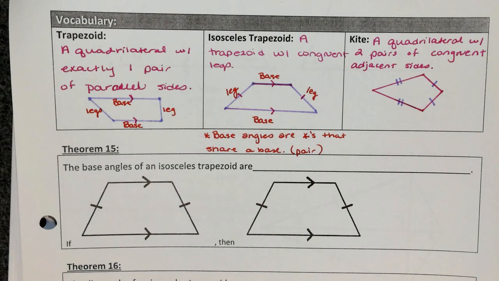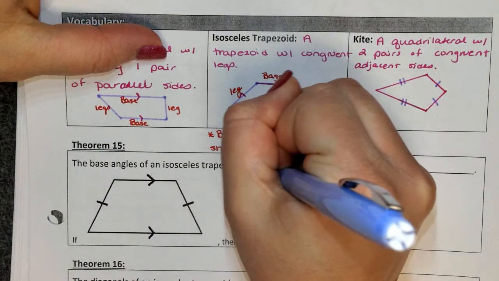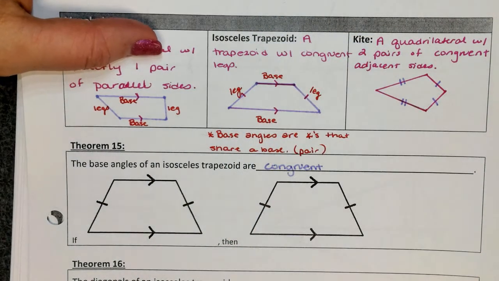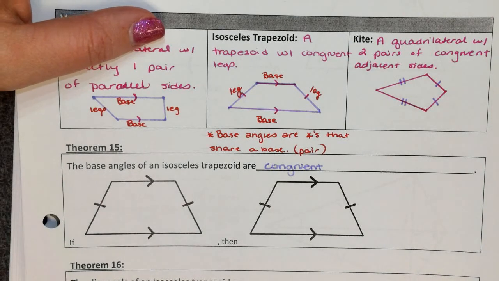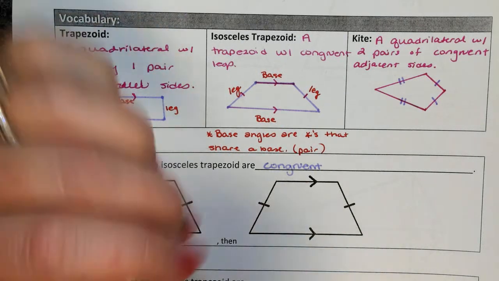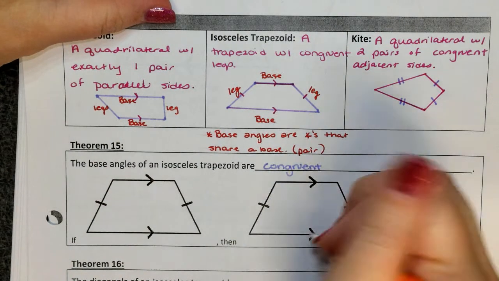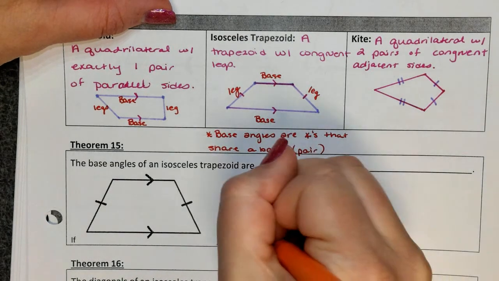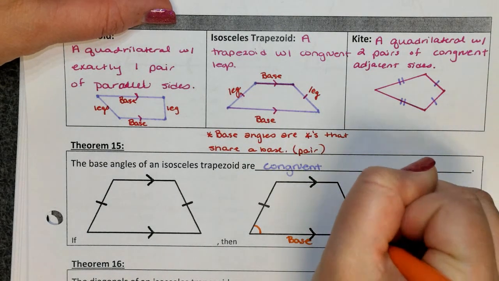All right, so it says the base angles of an isosceles trapezoid are congruent. So that means that in our diagram here, this is a base. This base angle is congruent to this base angle.